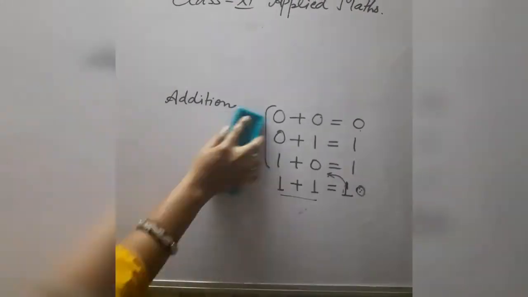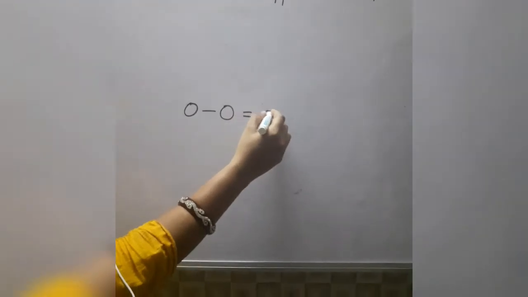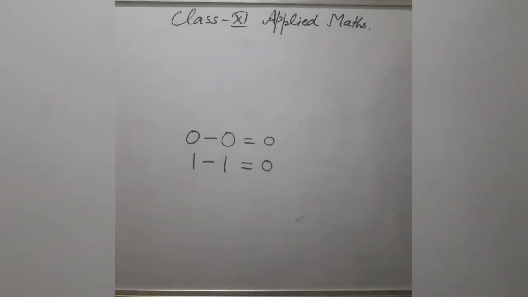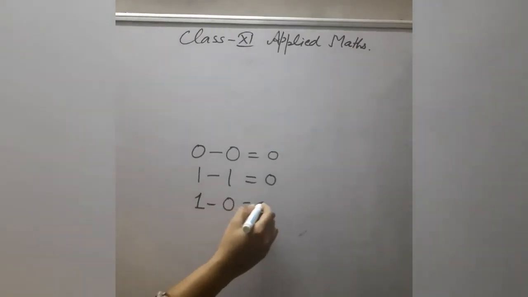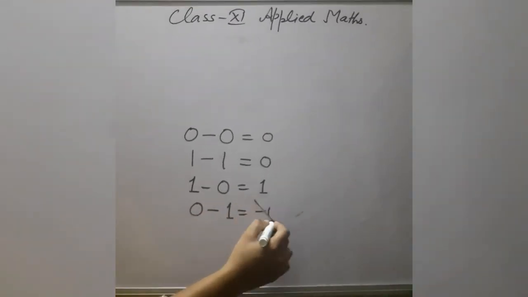Now see one example of subtraction of two binary numbers. In case of subtraction, just like decimal numbers, 0 minus 0 is 0, 1 minus 1 is also equal to 0, and 1 minus 0 is equal to 1. But 0 minus 1 is not equal to minus 1.